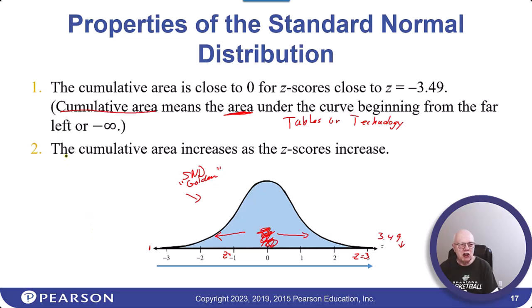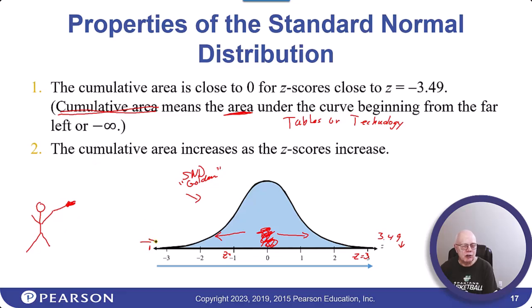To paint the cumulative area, we'll start out here sort of at negative infinity. Here's our paintbrush, if you can imagine that. You'll have to use your imagination. When we start painting the cumulative area, we're going to start painting here.